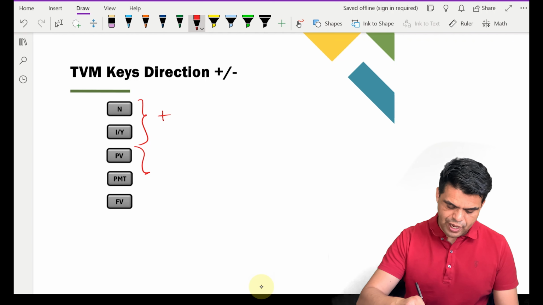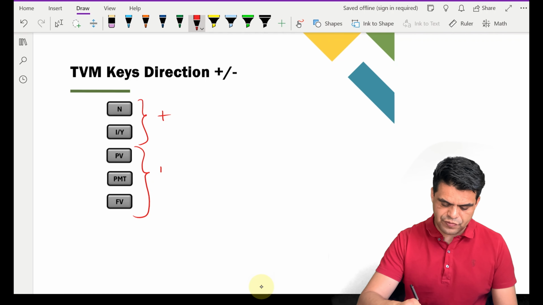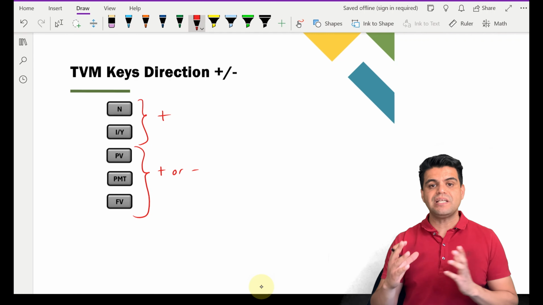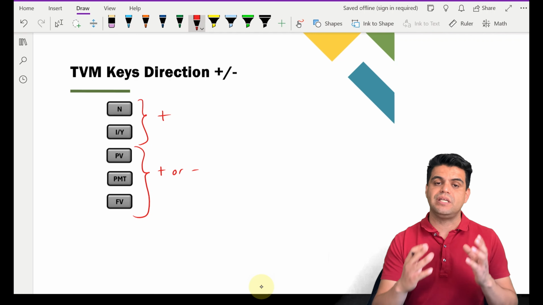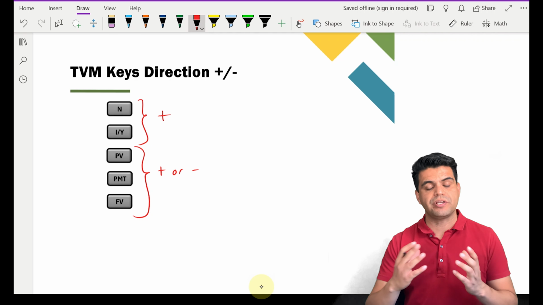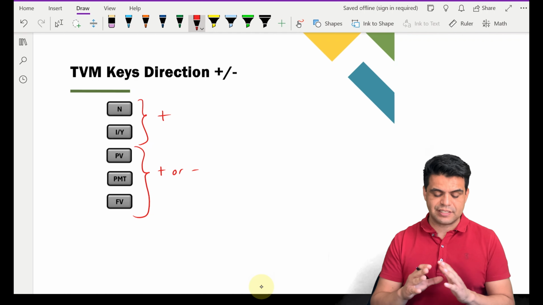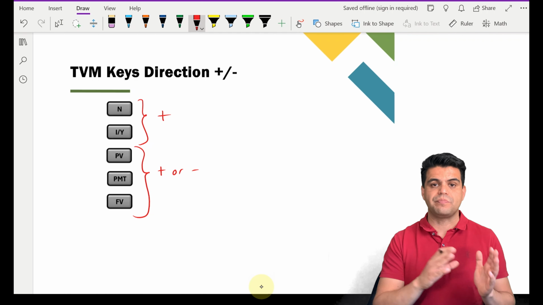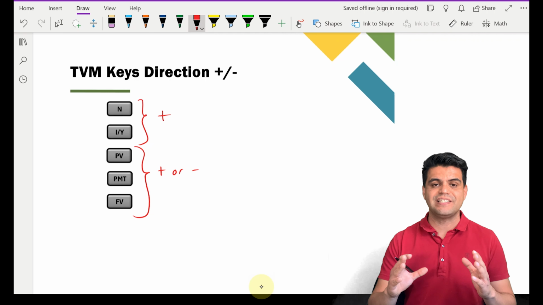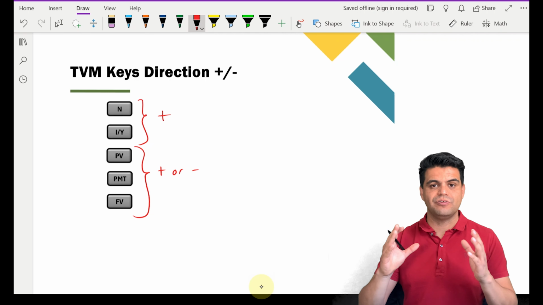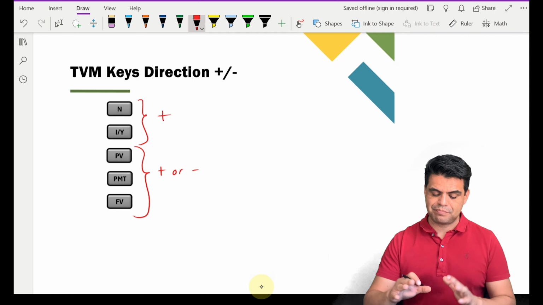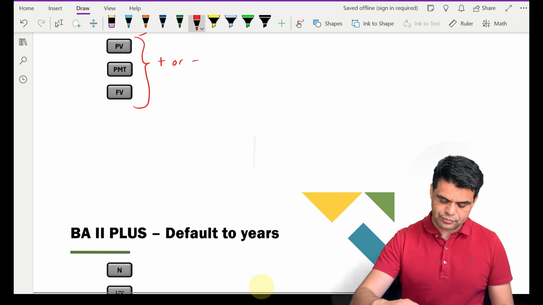For present value, payments, and future value, it could be positive or it could be negative, depending on the circumstances of what's being asked in the question or what you're trying to solve for. So again, I'll just let you know that now. That's how these keys work in terms of whether positive or negative. If you want a lot more detail, I have a video for you on that specific topic. But here I just want to keep it simple.